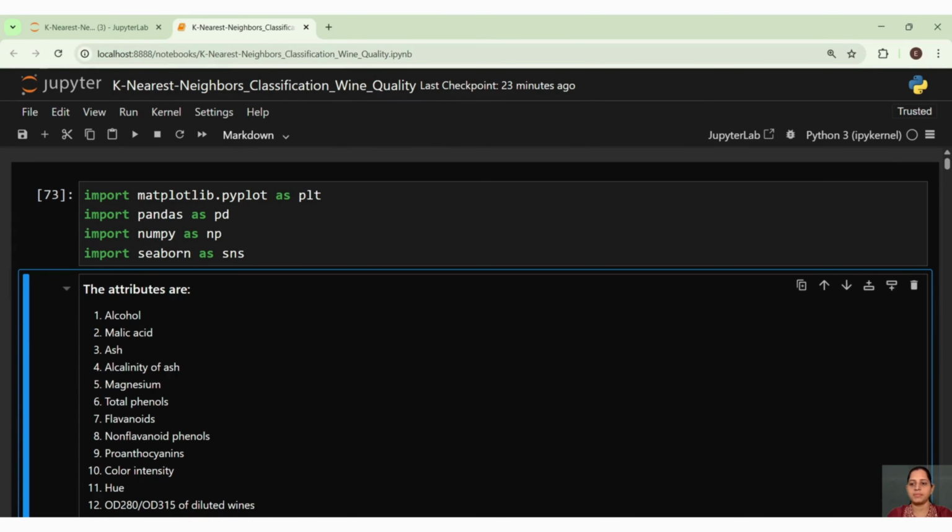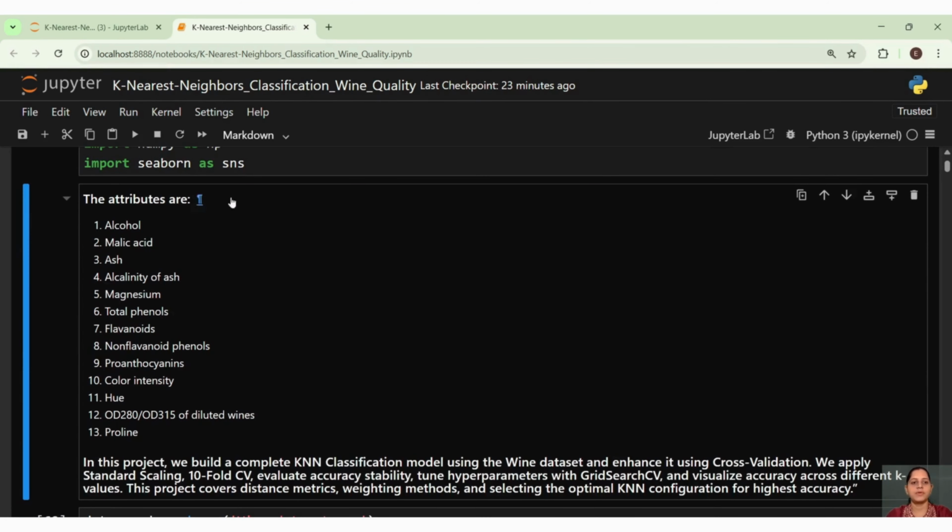So these are my attributes. The data set contains 13 attributes, and out of that I have alcohol, malic acid, ash, alkalinity, magnesium. These are the different chemical properties.